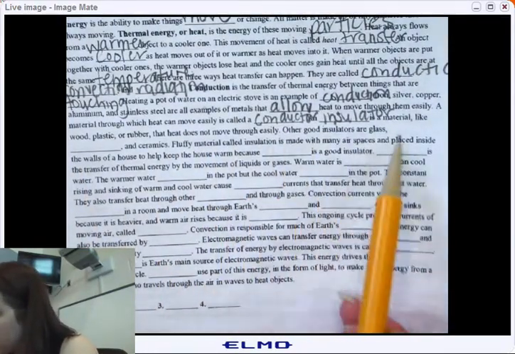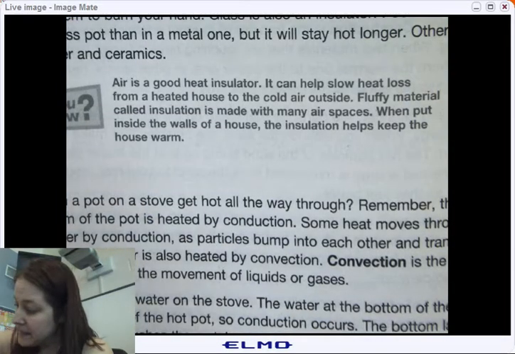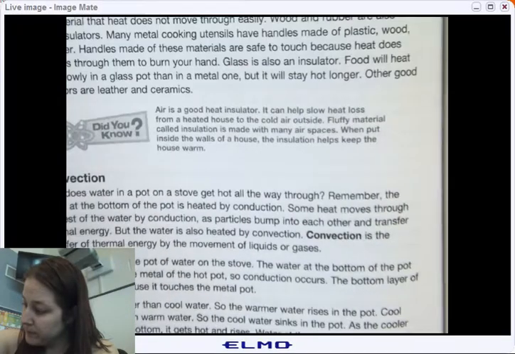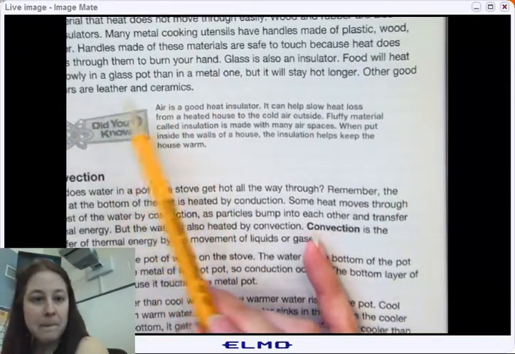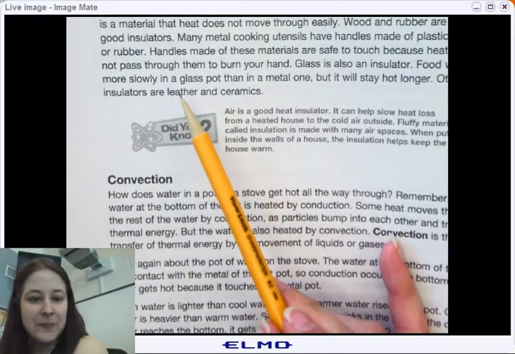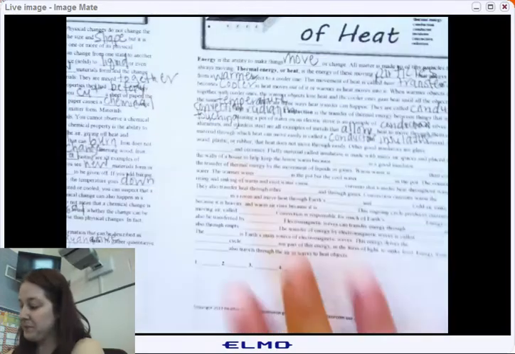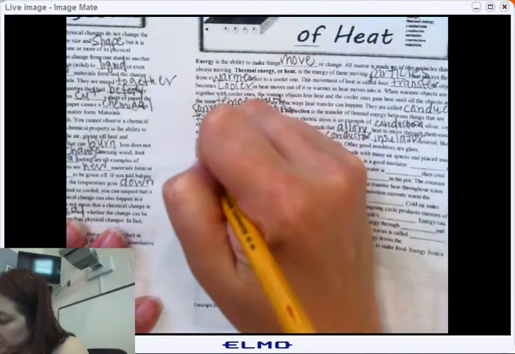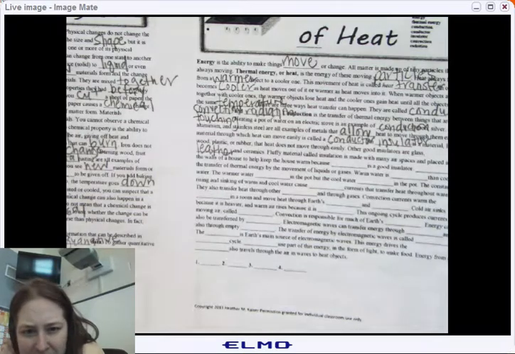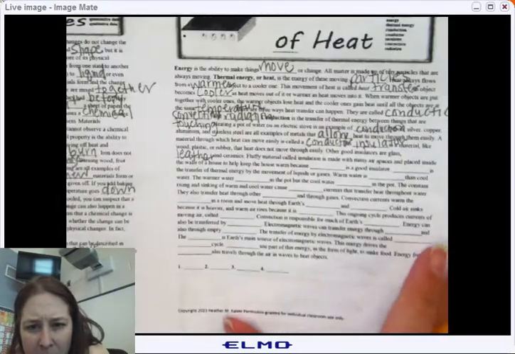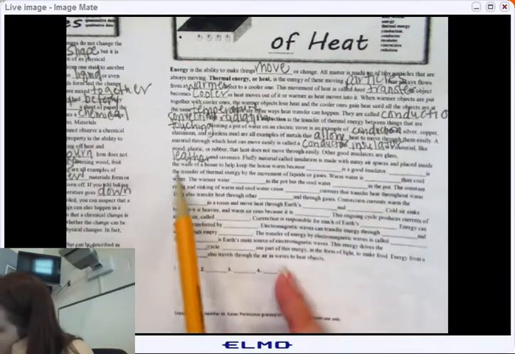Other good insulators are glass, leather, and ceramics.